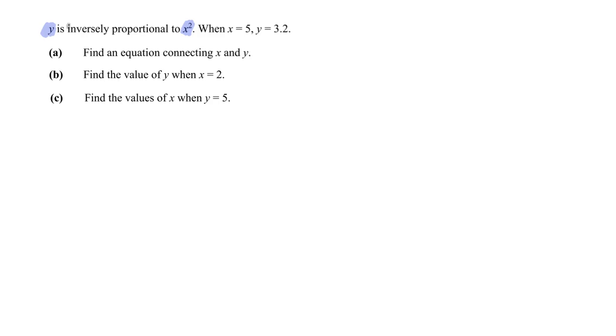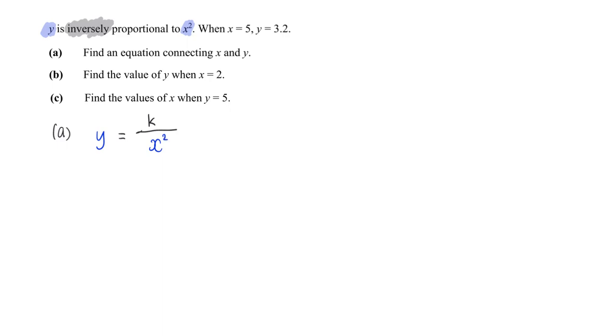The other thing is, of course, whether it is directly proportional or inversely proportional, which is the case here. This impacts our general equation. So since y is inversely proportional to x squared, y will be equal to k divided by x squared.